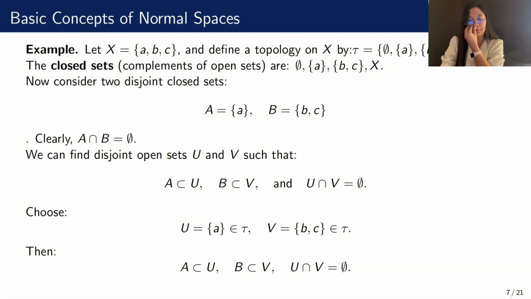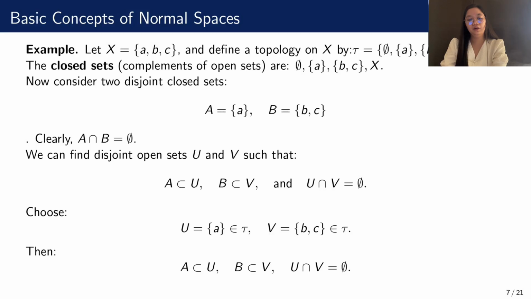That's why we say that A intersection B is empty. Okay, we can find disjoint open sets U and V such that A is a subset of U and B is a subset of V, and the intersection of the open sets U and V is empty. So they are disjoint now.